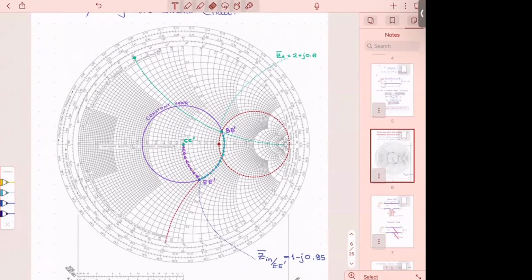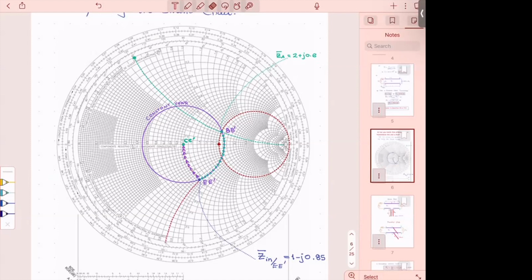So always on the Smith chart, the place you want to go is the center of the Smith chart. Always. The center of the Smith chart shows where your load has become equal to the characteristic impedance of the line. That's your matching point.